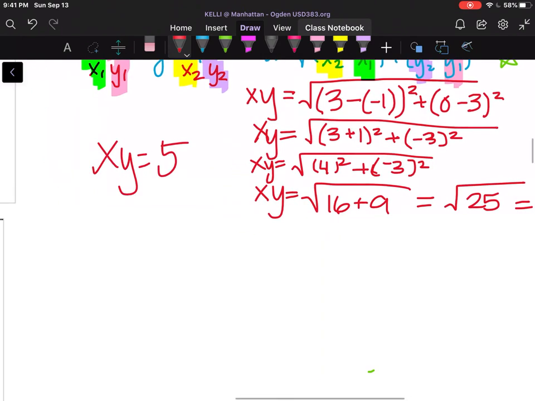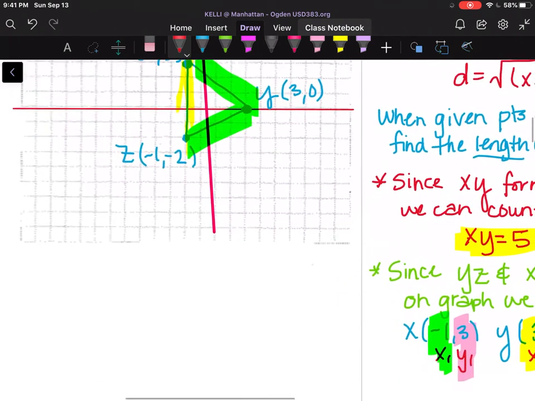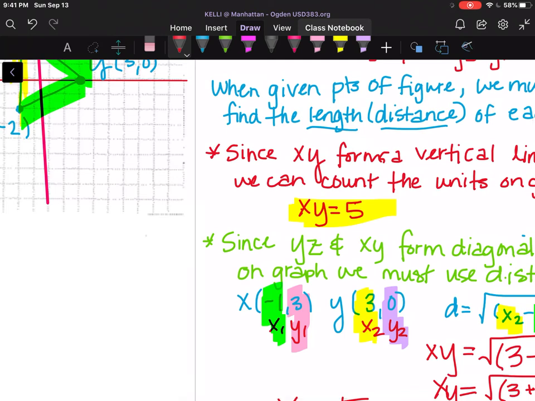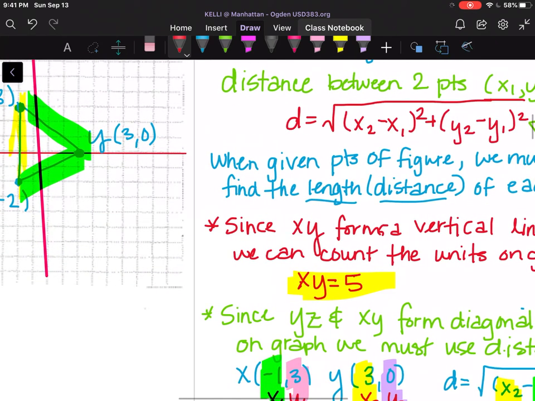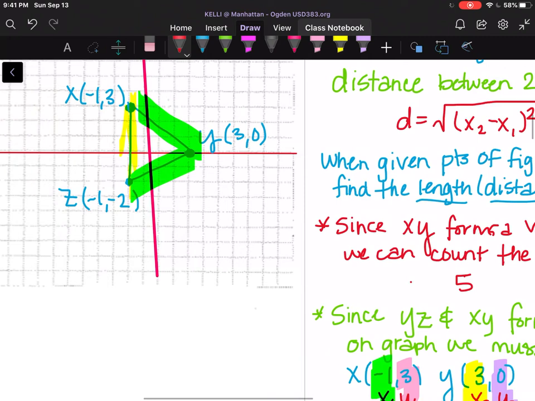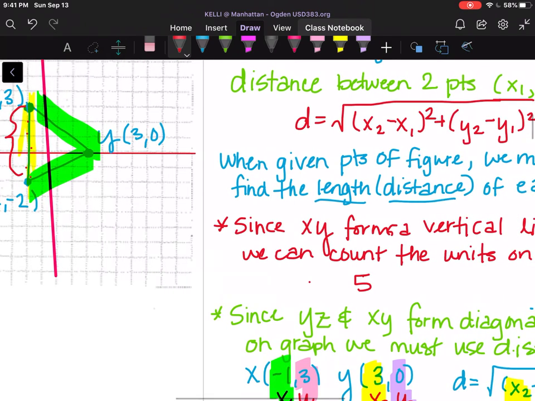Alright, so now, cool. I know that, oops, I meant this should have been, I apologize. This should have been xz here. So if I counted right here, I got 1, 2, 3, 4, 5 units. So xz is actually 5 as well.